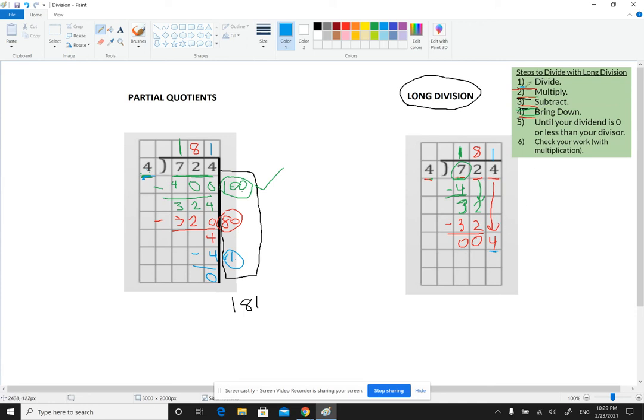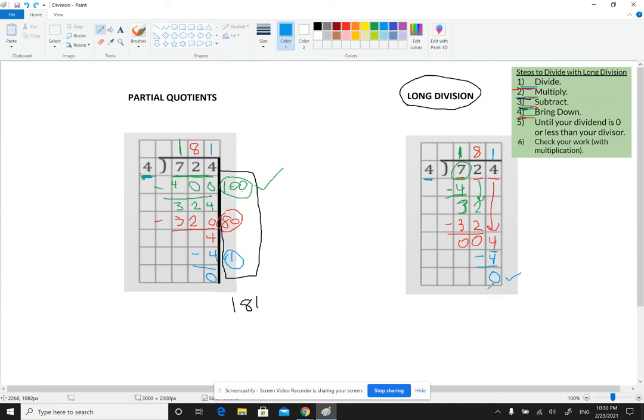Now we're going to multiply that one group times 4, and that gives us 4. So we divided, multiplied, now we subtract. That gives us 0, and then we bring down, and there's really nothing else to bring down. So my problem is over, right? Because my dividend is now 0.